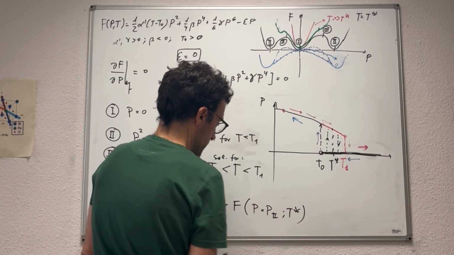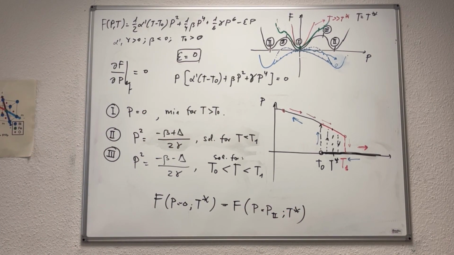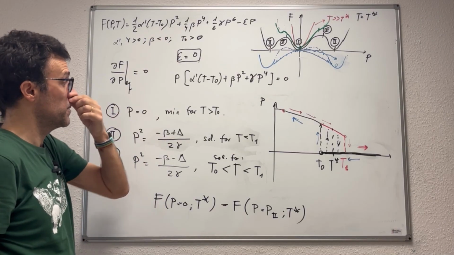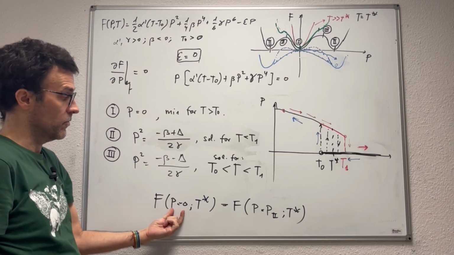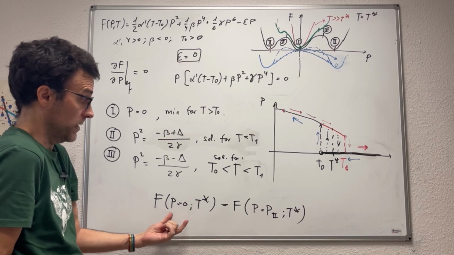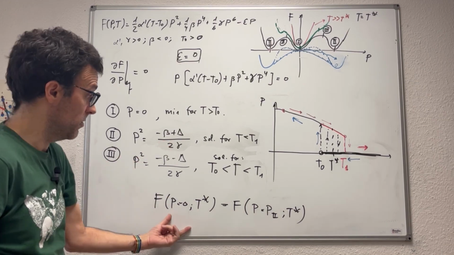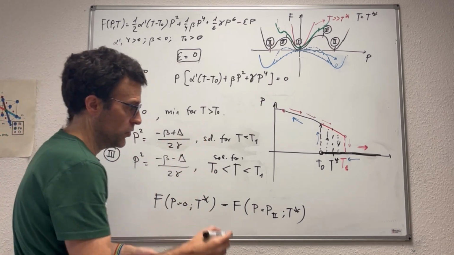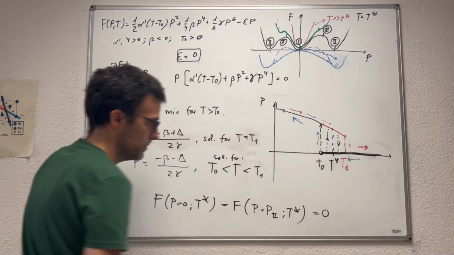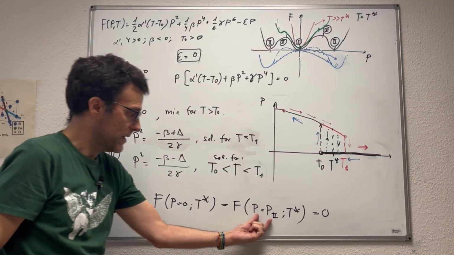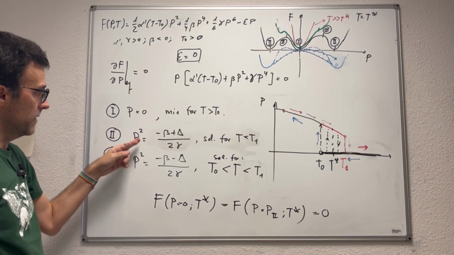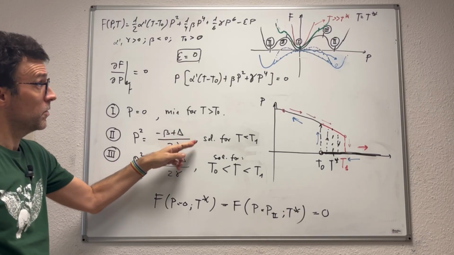at T star. Okay. So if you want to do it at home, you can pick up this expression for the free energy, make P equal to 0. That's the free energy at P star, which by definition is 0, by the way. By choice, this free energy is 0. But then you have to also plug in the expression for P squared corresponding to this minima.